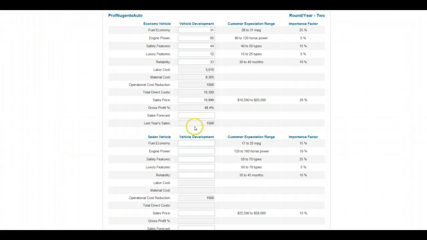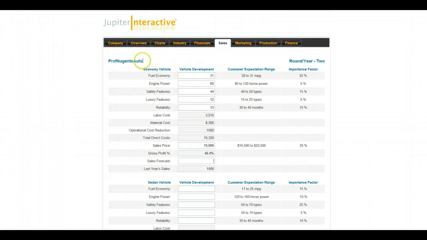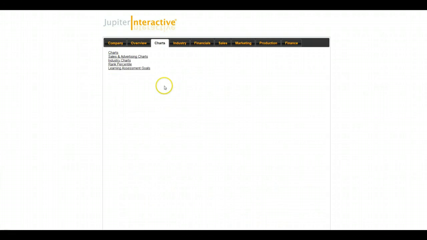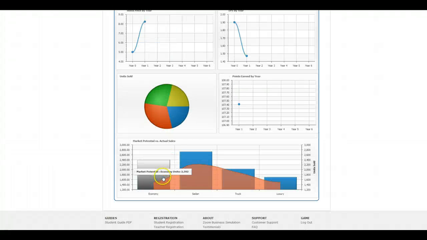Now my sales forecast. Like I said, I'm going to go off of the market versus potential chart. So if I go back to charts, you see my personal charts here. And I'm going to go with these blue numbers for my forecast. So here I have 2392, I have 2729, and 1698. This is what I could have sold if I built enough cars.